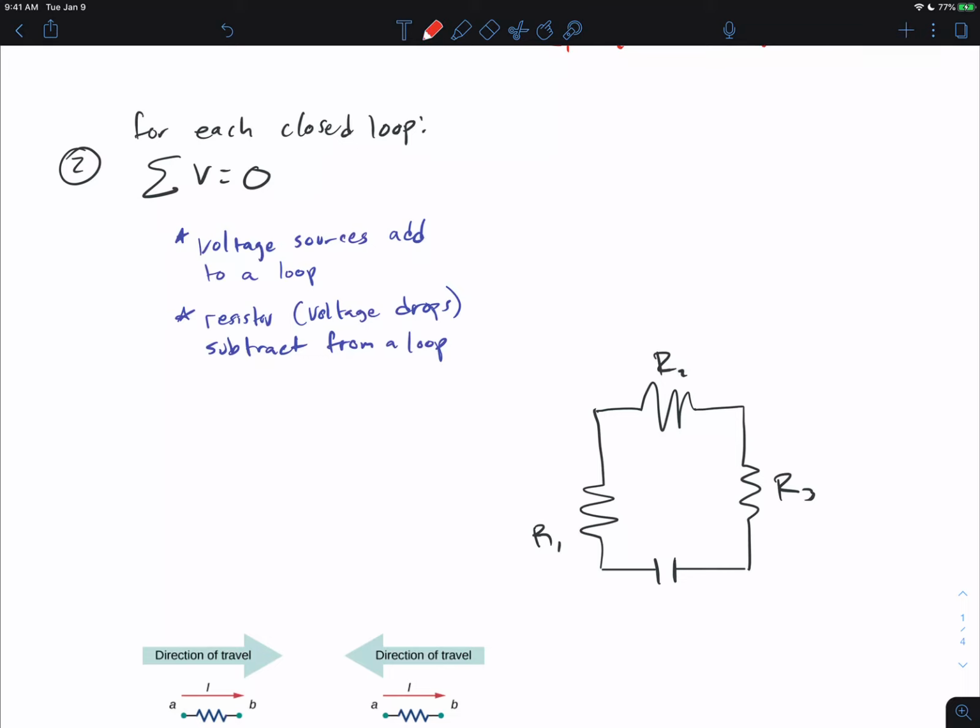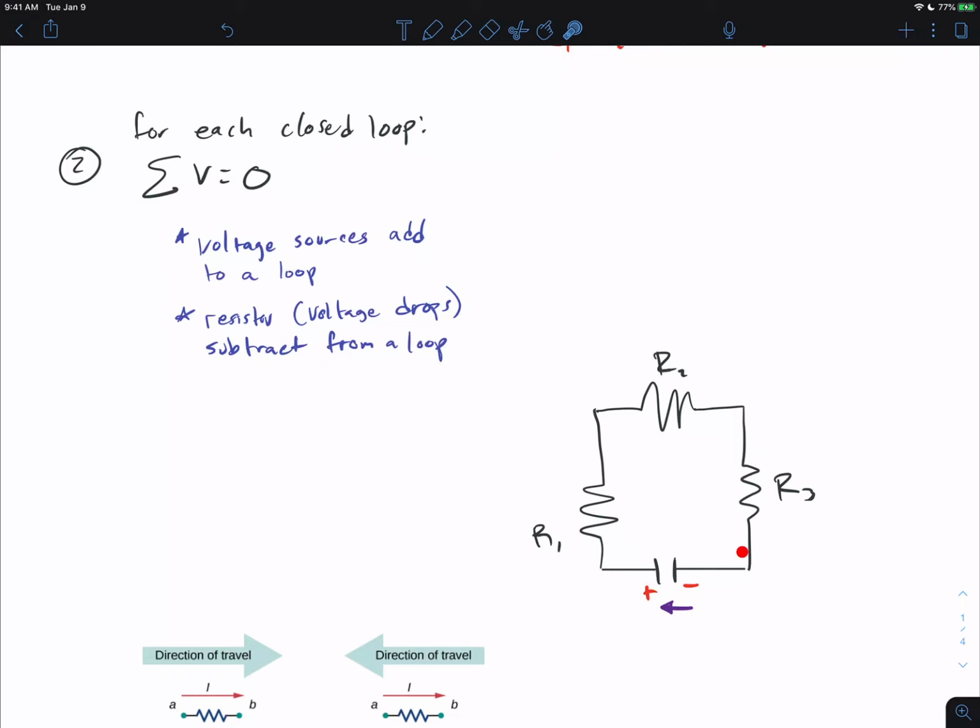So let's say in this example right here, I have a positive terminal and a negative terminal, right? If I'm going right here from negative to positive, what I'm doing is I'm gaining potential, right? Really on our battery here, we'd say this is something like 0, and then this is some positive voltage, like 50 volts or 10 volts, whatever it is.